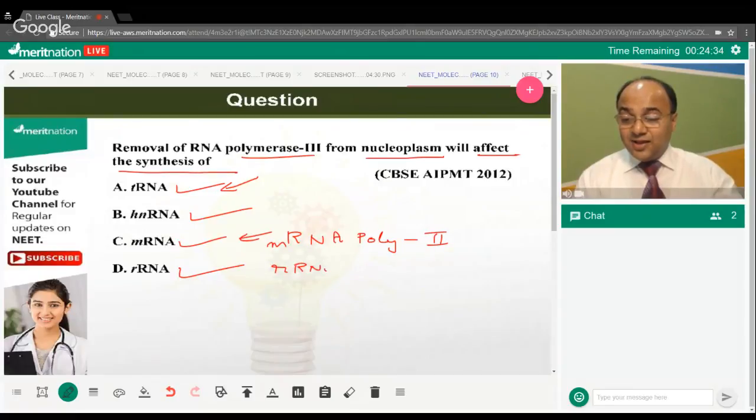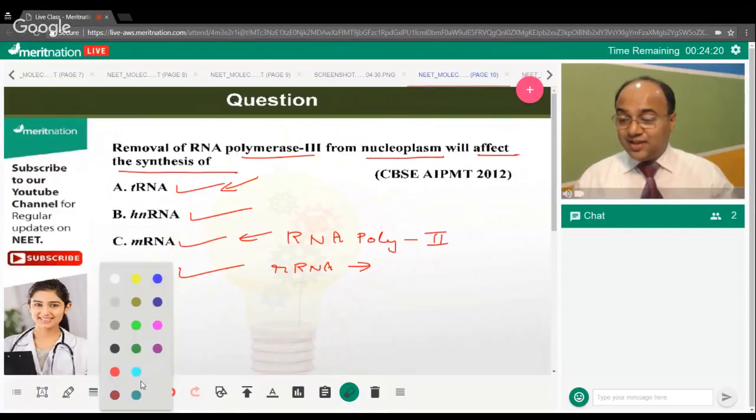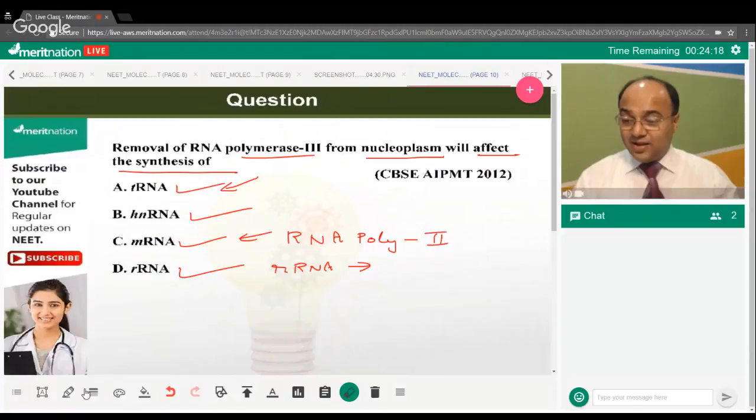So I can say very clearly here, your RNA polymerase 2 synthesizes your mRNA.